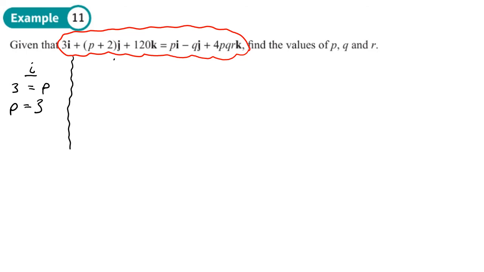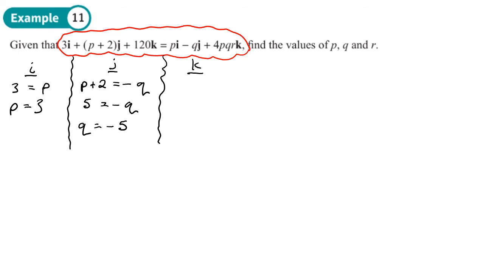Let's compare the j coefficients. So we have P plus 2 on the left and we have negative Q on the right. P we've worked out to be 3, so we've got 5 equals negative Q, so Q equals -5, so that's done. And we work out the k part.